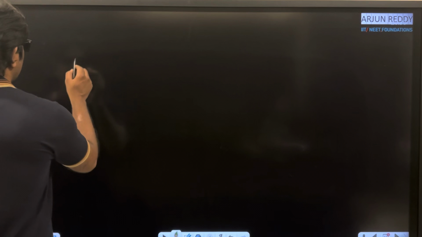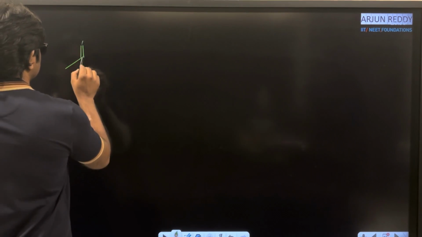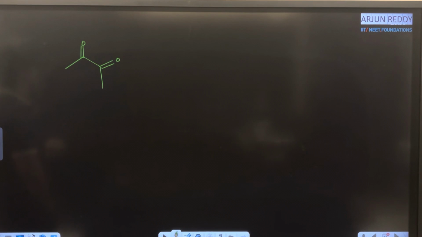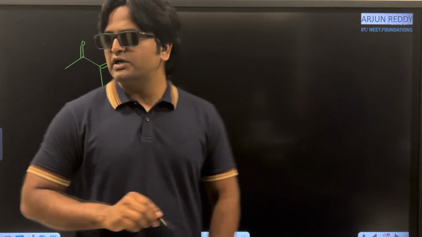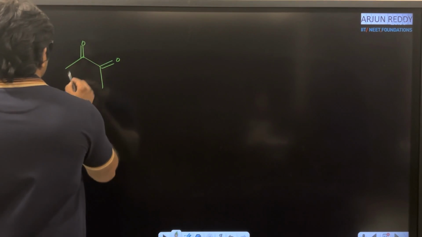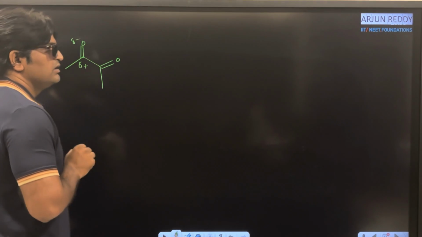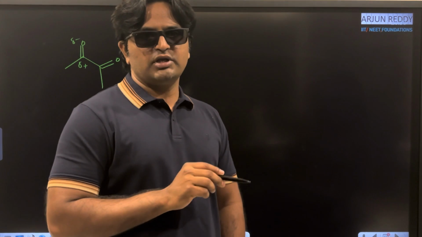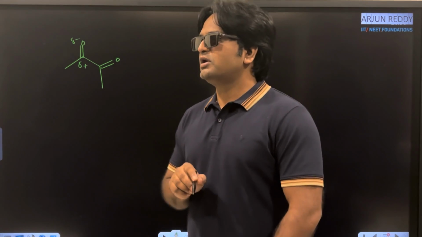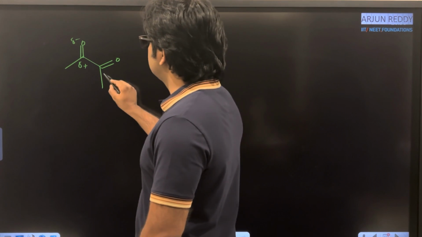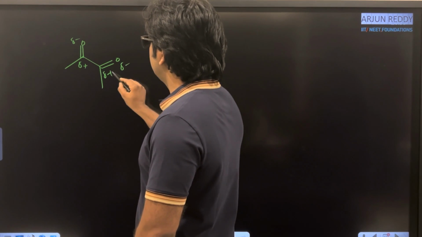Next one, for example, 1,2 diketones are given like this. What about the enol content and ketone content? Now in this example, there is a delta plus and delta minus. Why? Because between carbon and oxygen, oxygen is more electronegative when compared to carbon. That's why we are giving partial positive charge and partial negative charge.